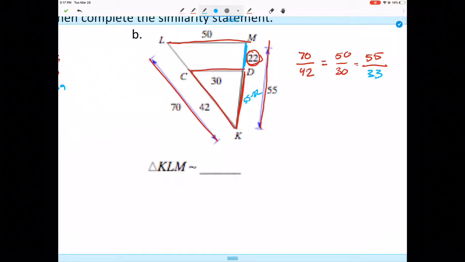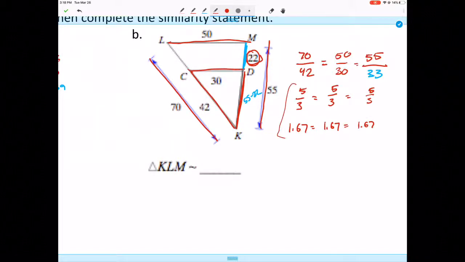After that, you would plug those in your calculator, or you can simplify your fractions. 70 divided by 42 would be 5/3, or 1.67. This one would also be 5/3, or 1.67. And this one also would be 5/3, or 1.67.